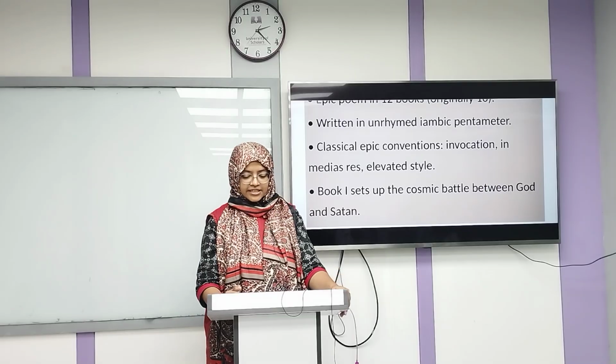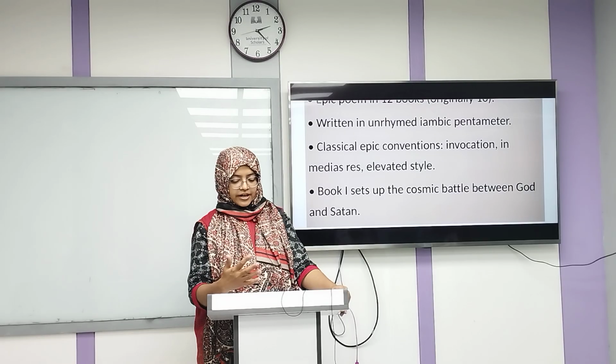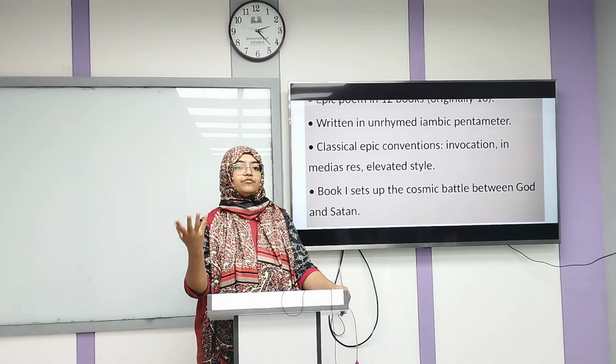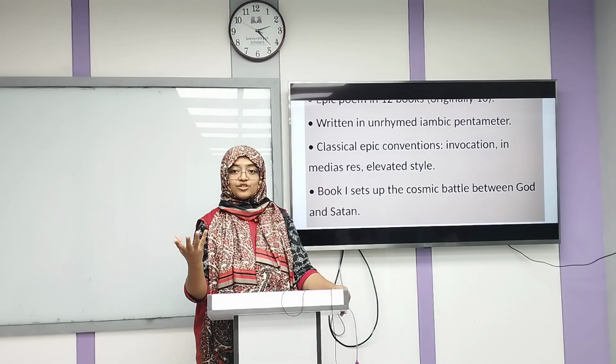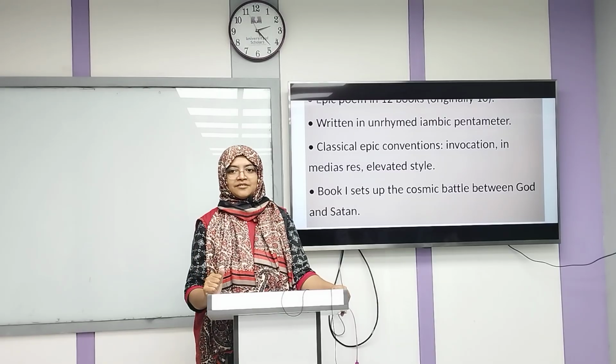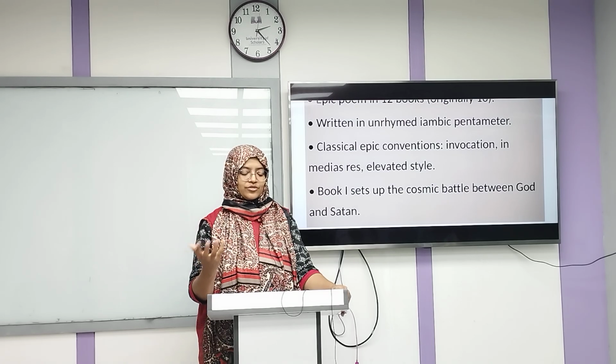It is a classical epic, and the conventions are invocation. Invocation, by this we mean the invocation to the muse, the heavenly muse, right? He writes about 26 lines to the muse, as the invocation to the muse, okay?